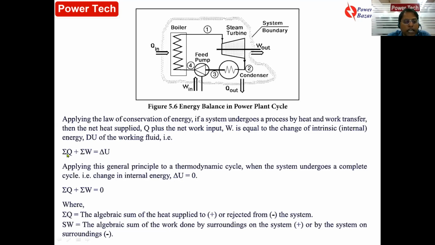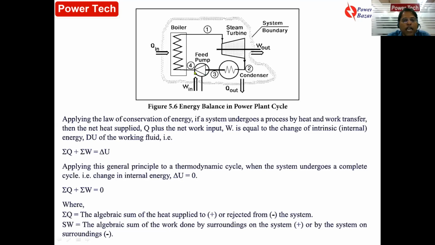That means the sum of Q plus the sum of W should be equal to delta U. Now, applying this general principle to a thermodynamic cycle, when the steam undergoes a complete cycle, the change in internal energy delta U becomes 0. Why? There is no change in the process over a complete cycle.